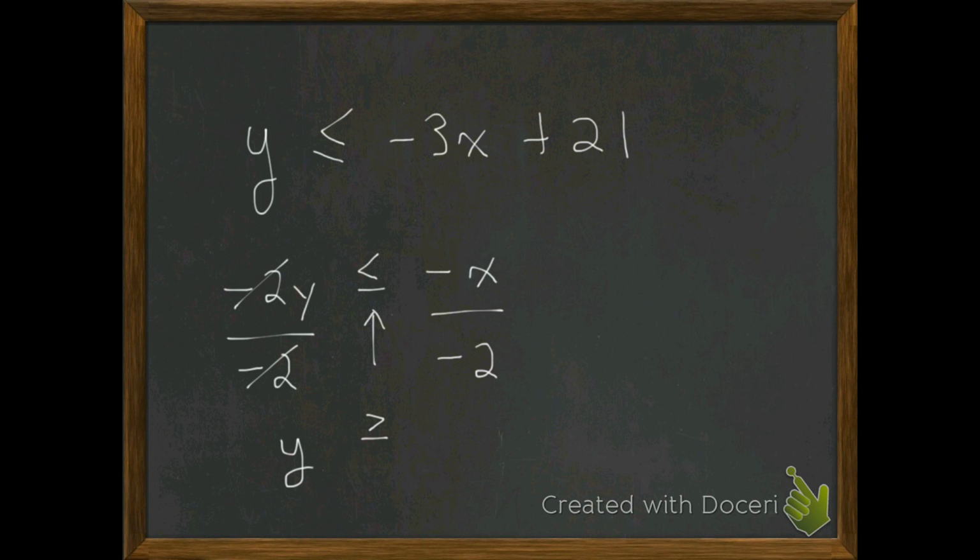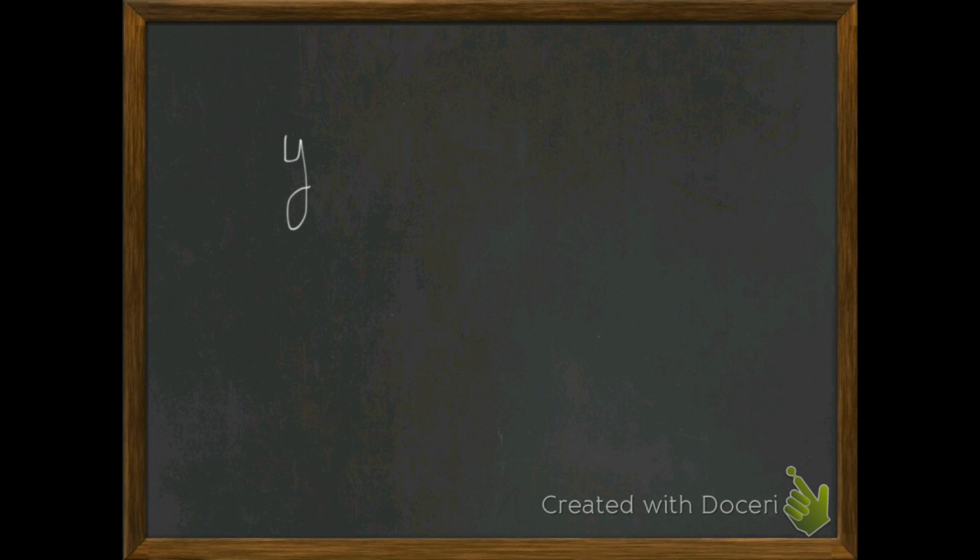So on the left-hand side we get y, and on the right-hand side we get a negative and a negative, which I would prefer to write as 1/2 x. If you'd rather treat this as x over 2, that's perfectly fine. So our two inequalities here are y less than or equal to negative 3x plus 21 and y greater than or equal to 1/2 x.